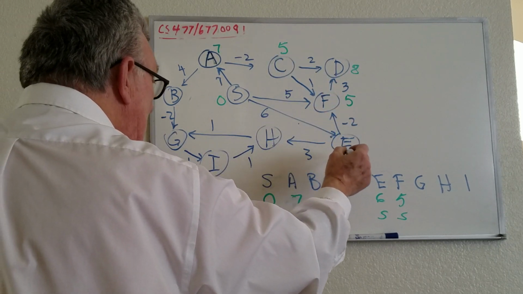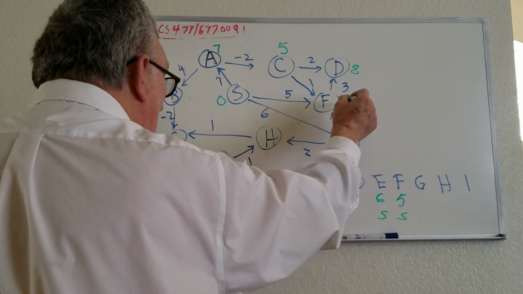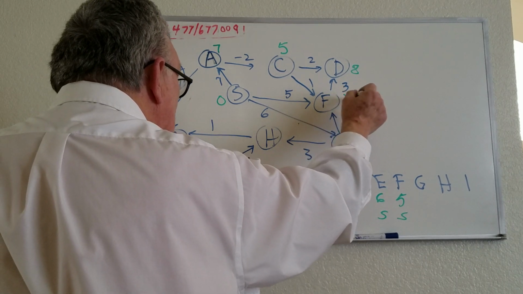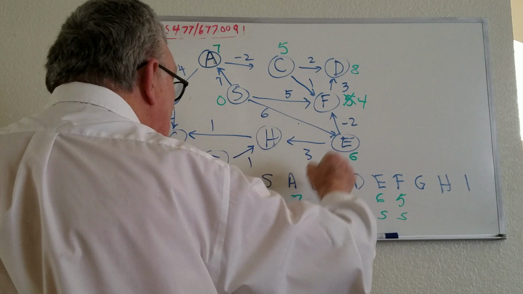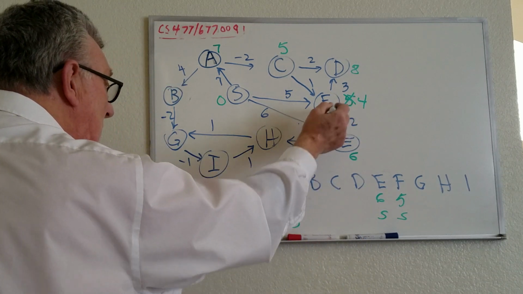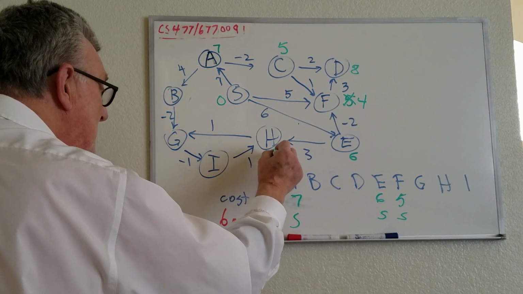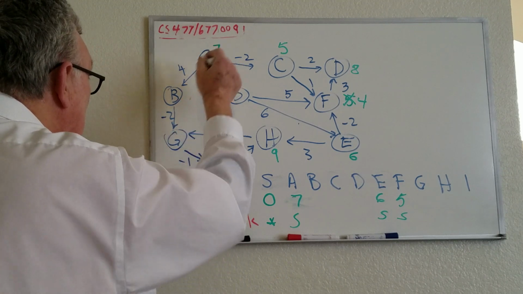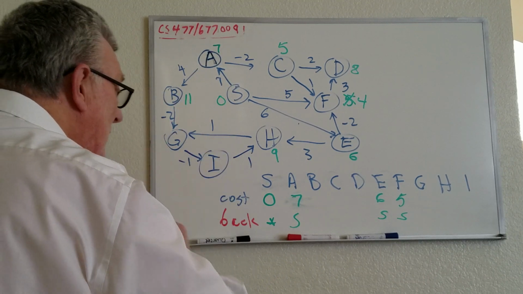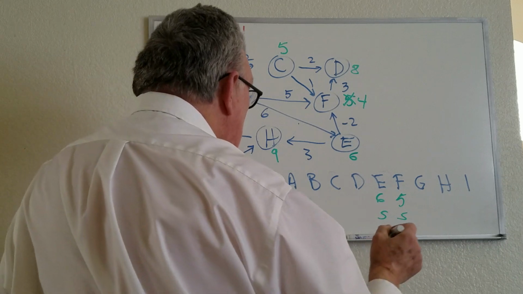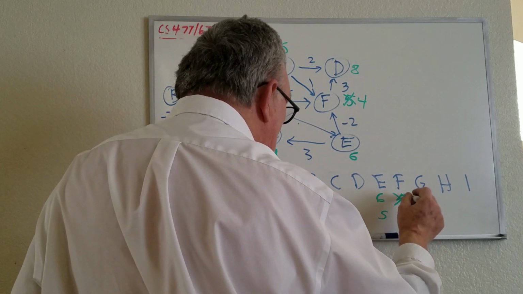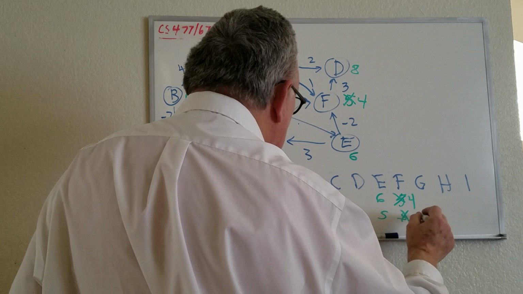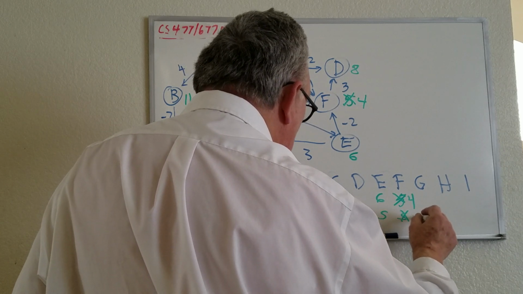And we update this edge, we get 4, which then modifies that. We get a better answer. This one is 9, 6 plus 3, and this one is 11, 7 plus 4. So the value at F is changed to 4, and its back pointer is changed to E.